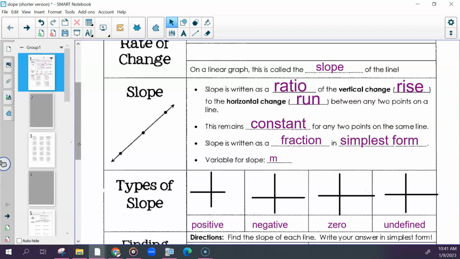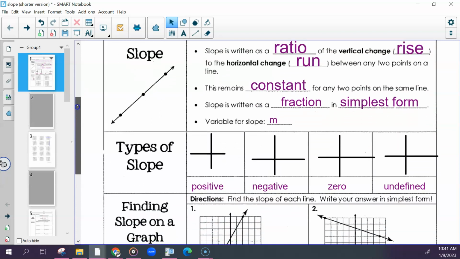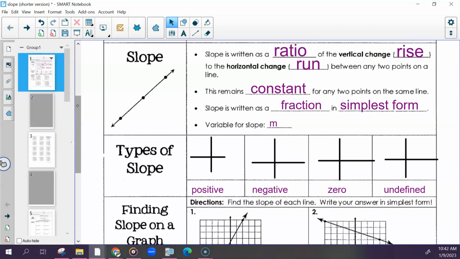There are 4 different types of slope. So I want you to draw these x and y axes and then these words: positive, negative, 0, and undefined.